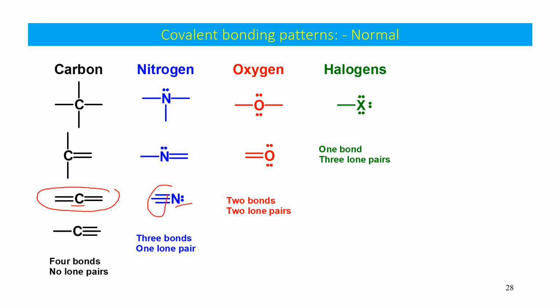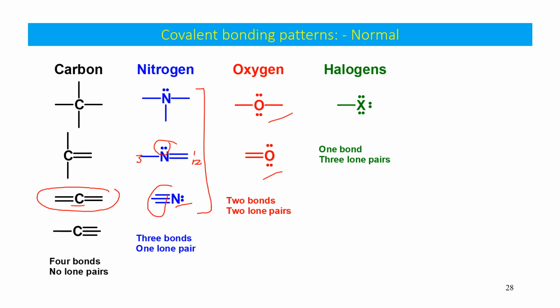Trivalent, 1, 2, 3 bonds, and there's a lone pair. So whatever flavor of nitrogen you have, if it's trivalent with a lone pair, it's neutral. Formal charge equals 0. Oxygen. Double bonded oxygen is neutral, and in this case here, you can see it is divalent.